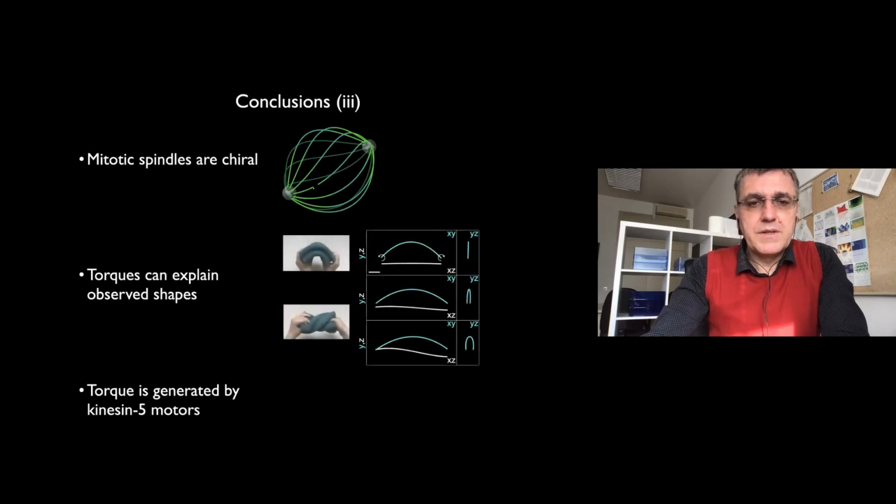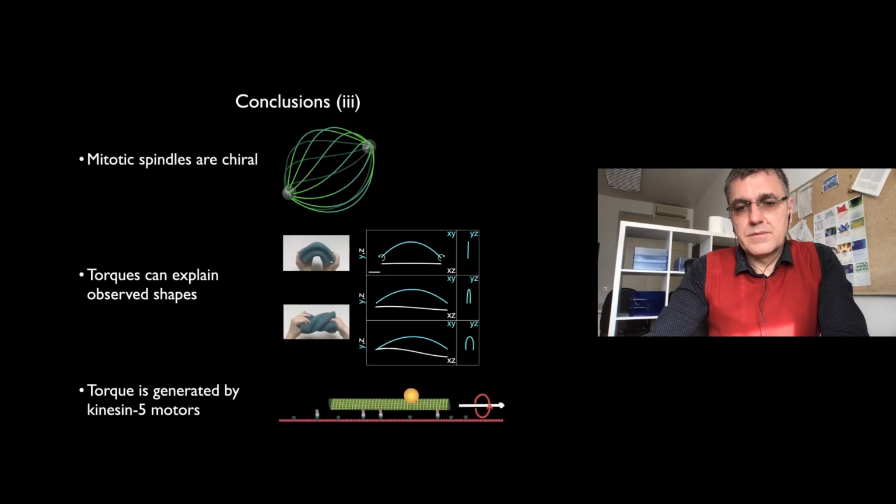We could explain such shape by having torques, twisting and bending moments in the spindle, and we also found that this torque can be generated by kinesin proteins.